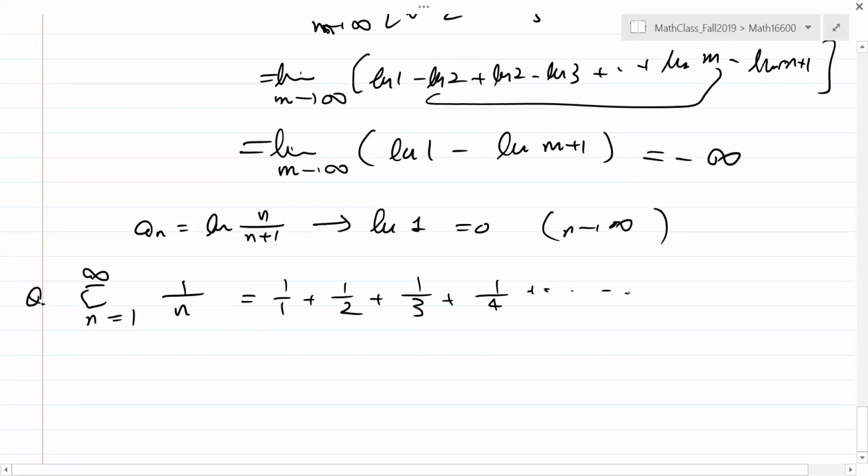So every term approaches 0, but it does not approach 0 fast enough. So this is not an easy problem. Okay, we want to know whether this is finite.